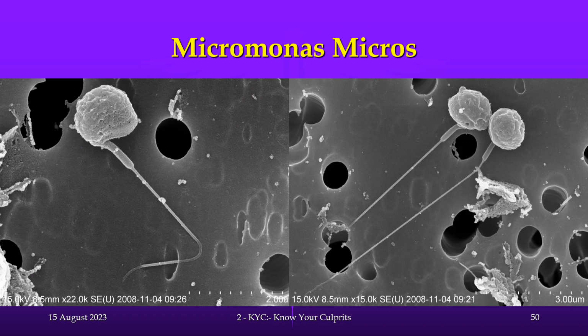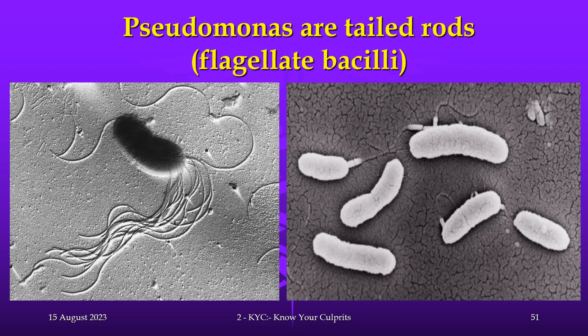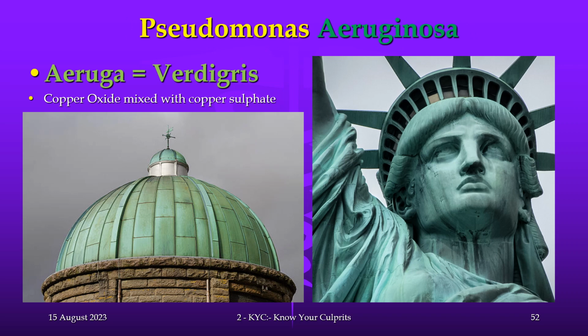This is the electron micrograph of Micromonas micros. This is Pseudomonas; the name pseudo and monas is because it resembles but is not Micromonas.